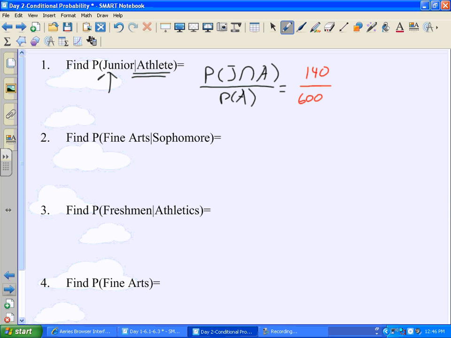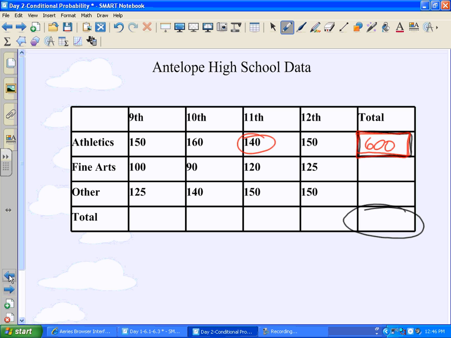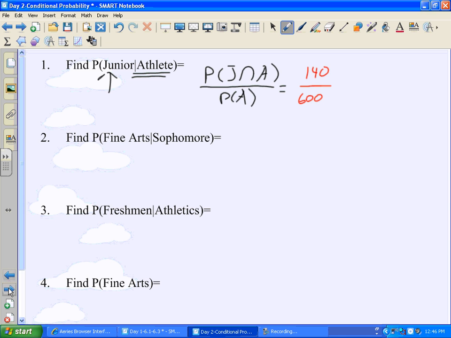Okay? Notice what I have up top. Junior and athlete. I have 140 people that are junior and athletes out of 600 athletes. That's how that formula works. If you wrote it as an overall probability, it'll cancel out. Reduce that, it'll get the probability.